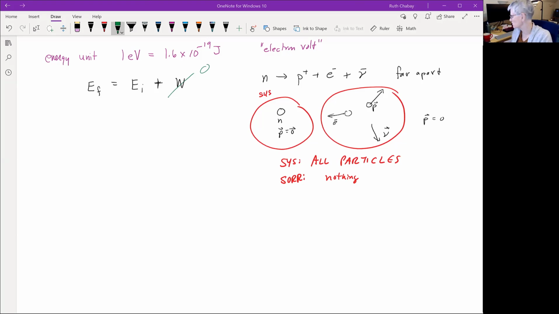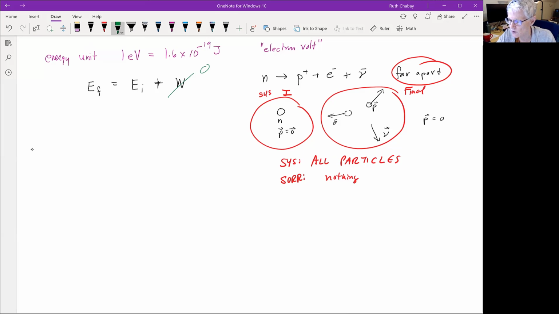Okay. So in this situation, we have to choose an initial and a final state. So this is our initial state, and this is our final state, all the particles far apart. So what we want to do is find out what the question is.